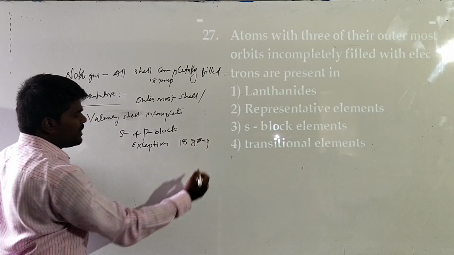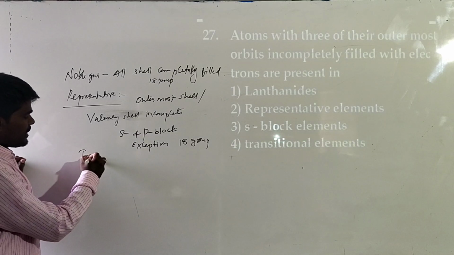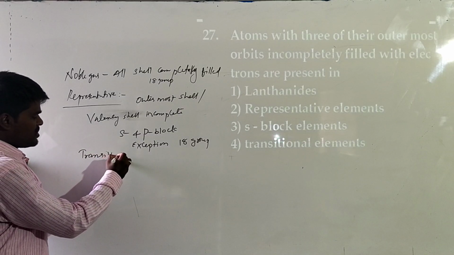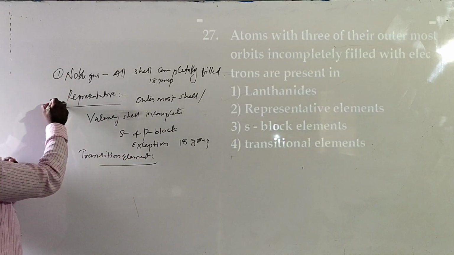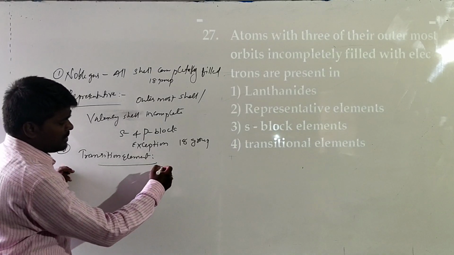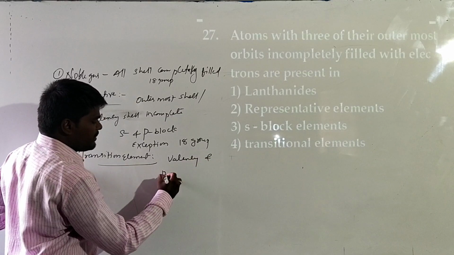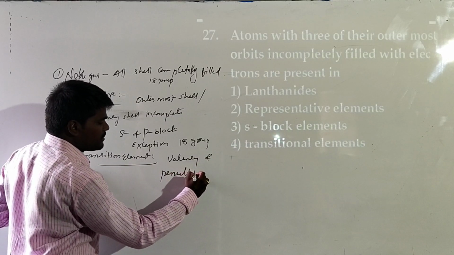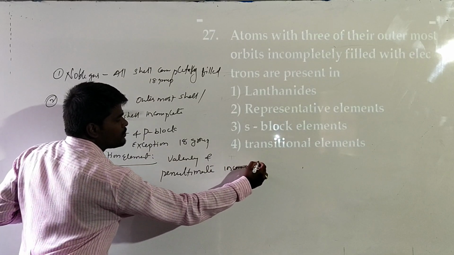Except the 18th group, all the elements of s and p blocks come under representative elements. In the case of transition elements, the third type based on properties, the valency shell and the penultimate shell are incomplete.